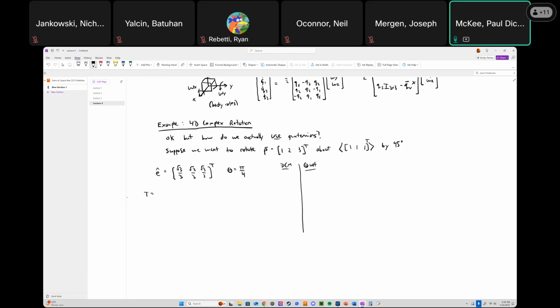Remember our equation to go from an axis and an angle to an attitude transformation matrix. This is going to be the cosine of pi over 4, which is root 2 over 2, times the identity matrix, plus 1 minus, oh, you know what? Do I have a mistake in my notes? Sorry, stand by for 1 second. This should be a cosine, I believe.